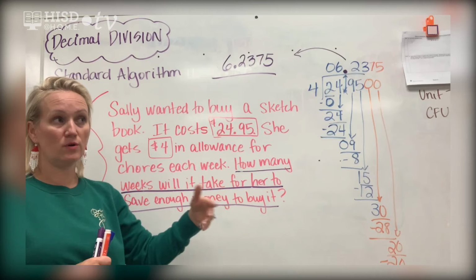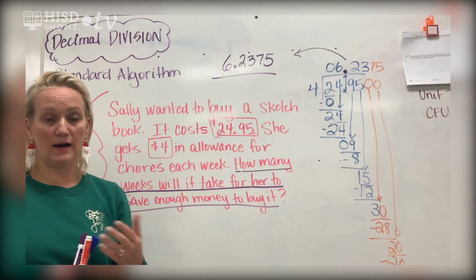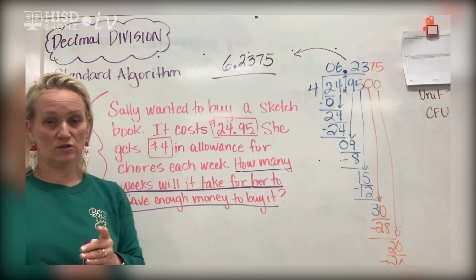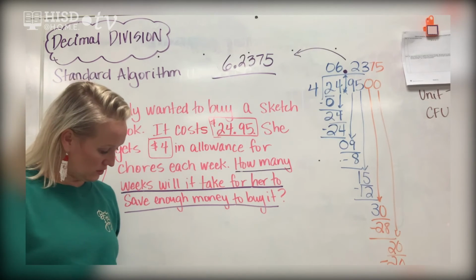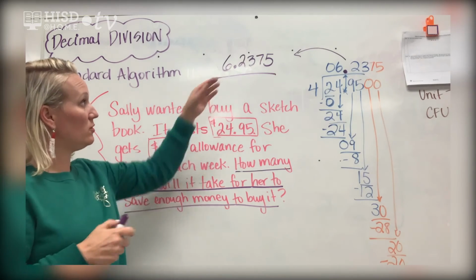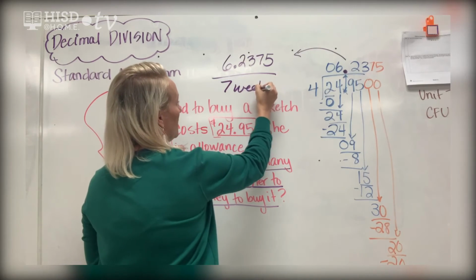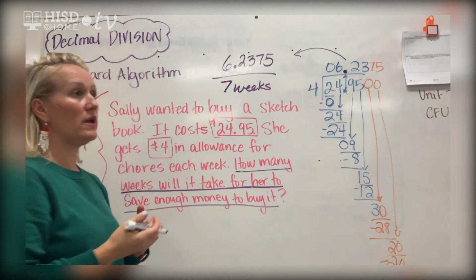And also, don't we most of the time have to pay for tax and tip? I mean, there are other costs. So if you were answering this question using reasonable estimation, I would bump this up to 7 weeks, right? Because that would be a logical answer.